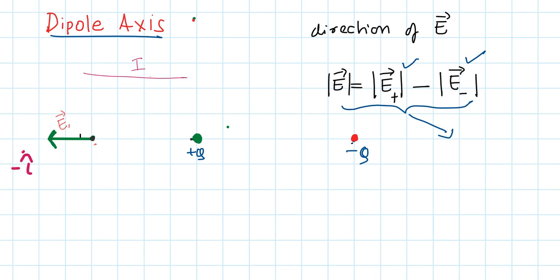Keep this in mind, because according to our label this is minus i cap. This need not always be the case, because it is only according to our convention. If the question paper gives and asks you something else, you should mark it accordingly. So our label is, this direction is minus i cap and this direction is plus i cap.